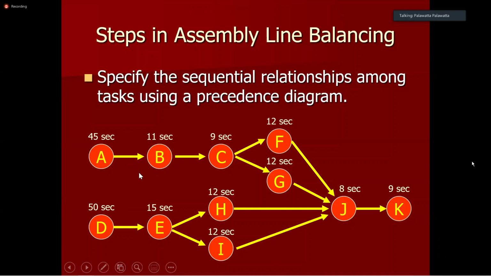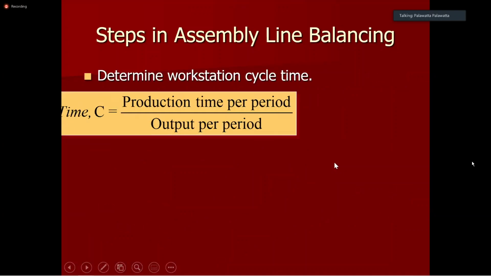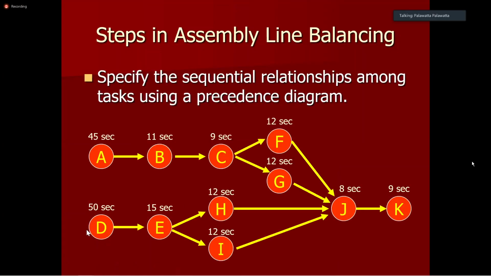Then we can calculate who the candidates are. The candidates will be B and D. B has following tasks 1, 2, 3, 4, 5. On the other hand, D also has 5 tasks, E, H, I, J, K, that's 5. So we have a tie with regard to the number of following tasks.